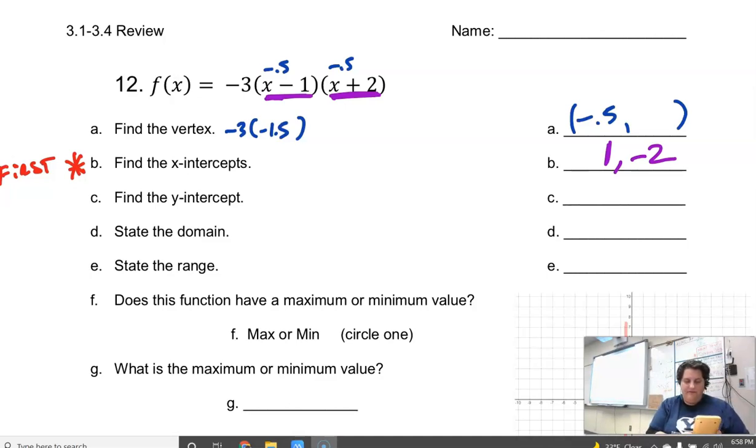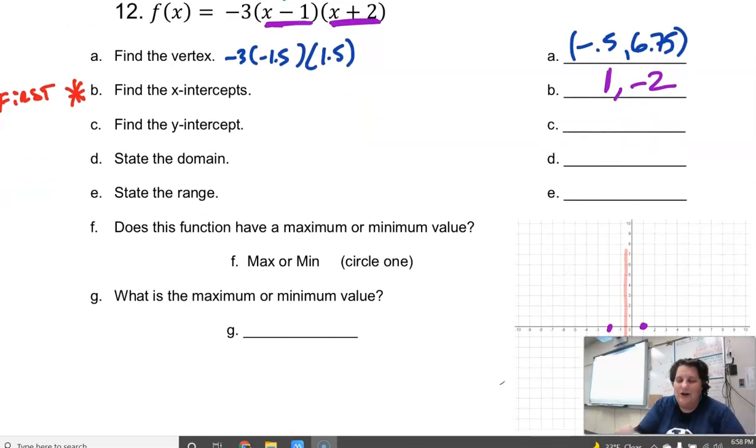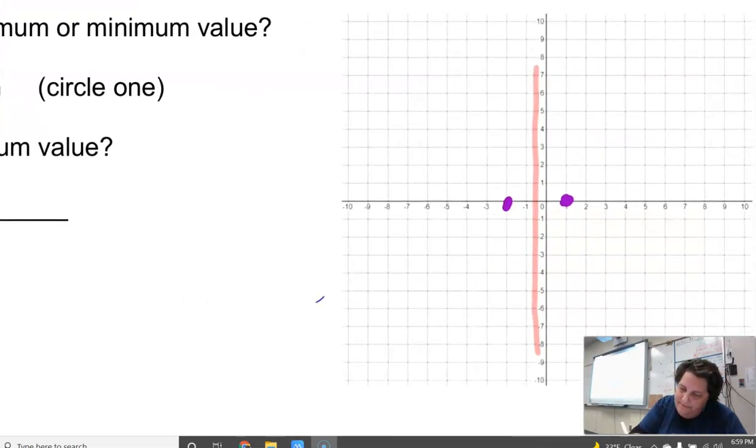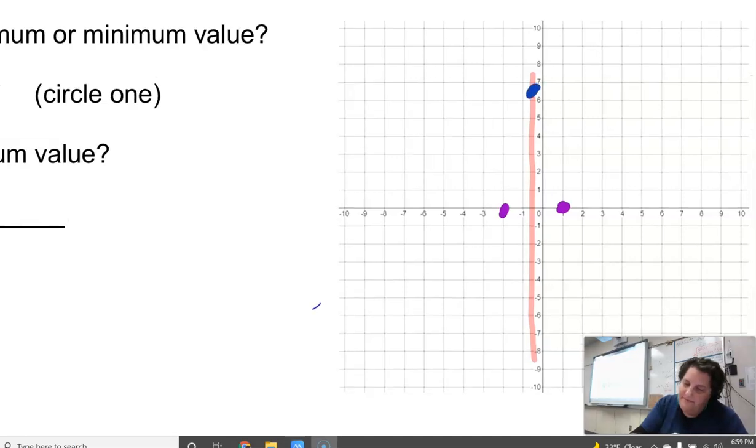Negative 0.5 plus 2 is positive 1.5. And if I multiply those all together, I get 6.75. So again, it's not great. It's decimals. It's okay. We'll make it work, all right? 6.75 is about right there.